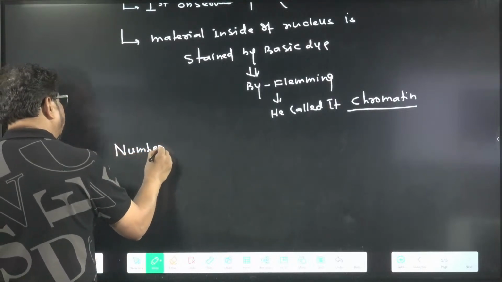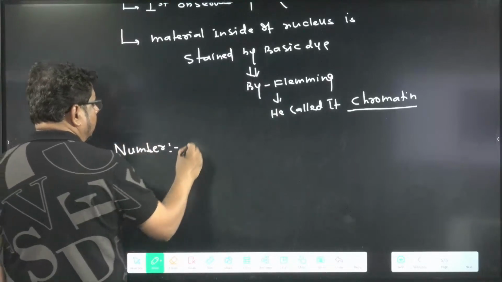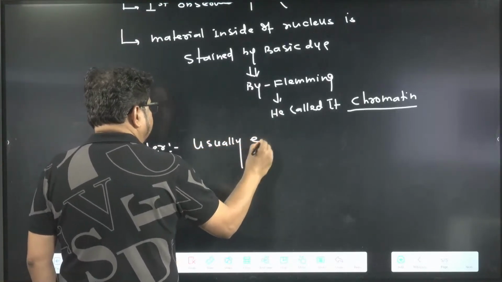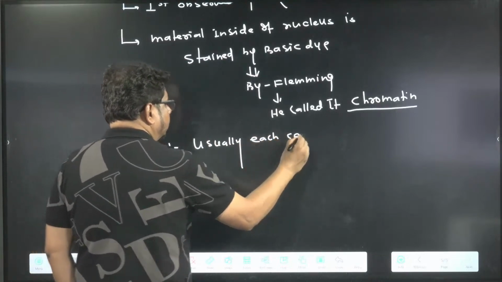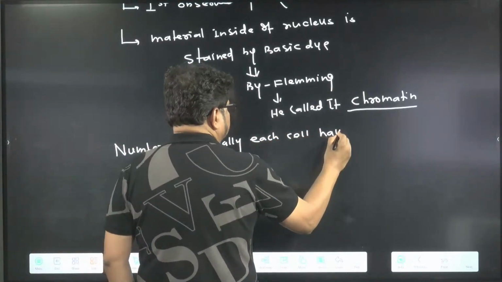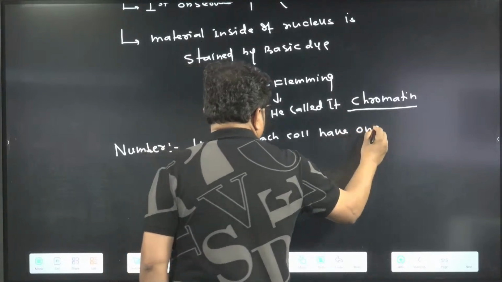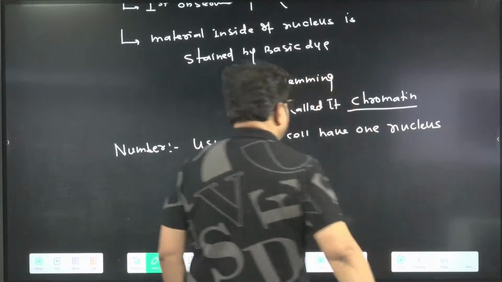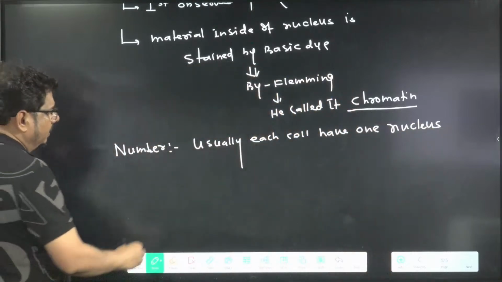So number of nuclei we are going to discuss. Usually each cell has one nucleus. Usually each cell has how many nuclei? One nucleus.